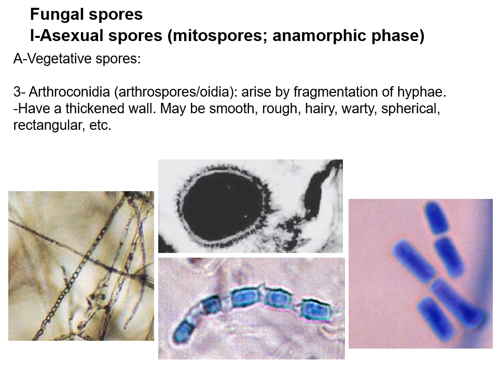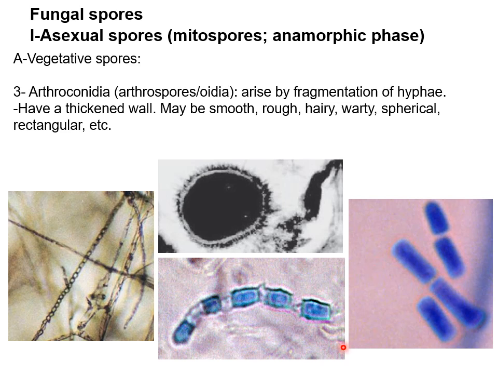The third type are the arthroconidia or the arthrospores, oidia as well. These arise after fragmentation of the hyphal filament, and they may have a thickened wall. And then again, we have so many different forms of these. We might have the smooth arthroconidia or arthrospores.